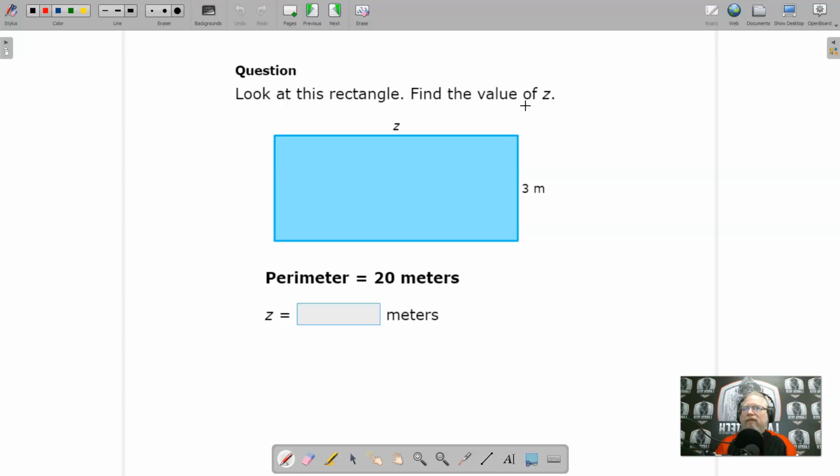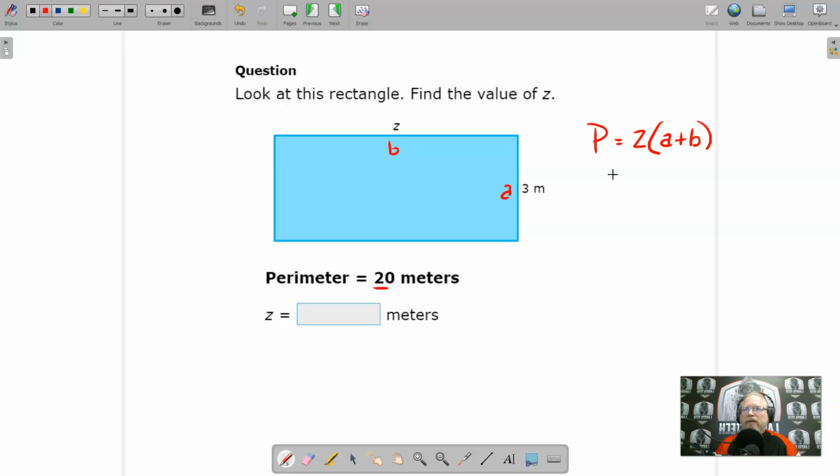Look at the rectangle, find the value of z. So perimeter for a rectangle is equal to 2 times the quantity a plus b, where a is the short side and b is the long side. So let's plug in what we know.